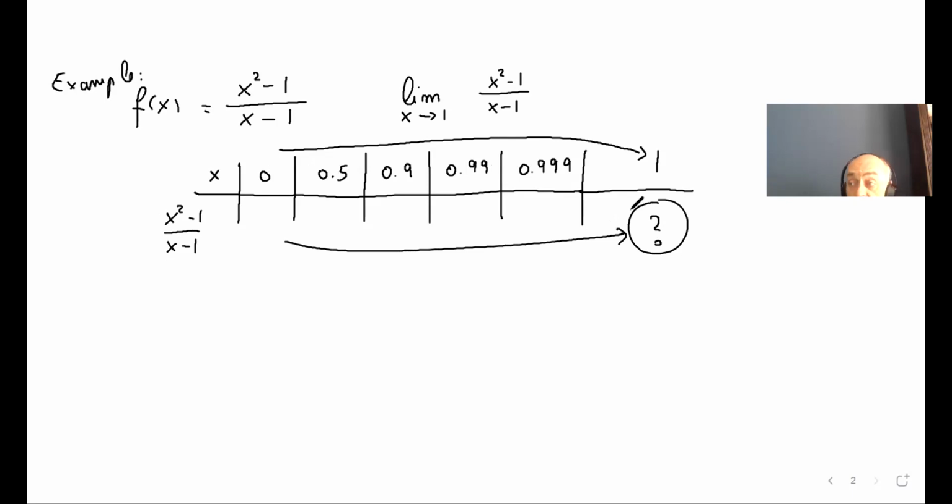And the answer is yes, but that's not going to be such a simple calculation, because once you get past 0, where it's very easy to see that 0 minus 1 over 0 minus 1 is negative 1 over negative 1, or 1, the other numbers need to be calculated by making use of a calculator. So what I'm going to do, folks, is show you how to do that with Desmos.